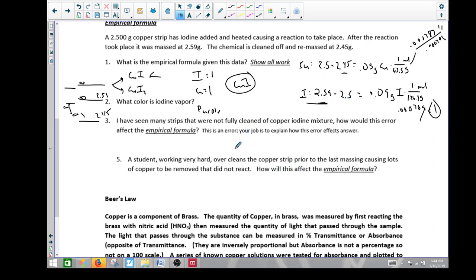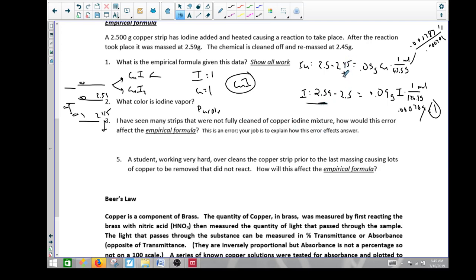Okay, so number 5 says the student was working very hard and over cleans the copper strip prior to the last massing, causing lots of copper to be removed that did not actually react. So that causes this number to be lower than it actually is. That's this number right here.